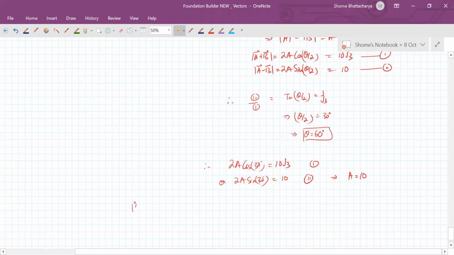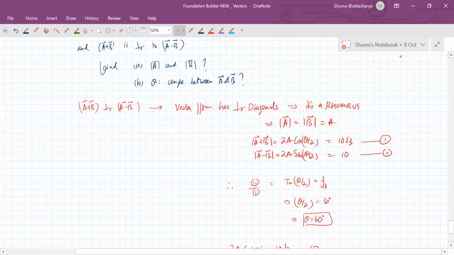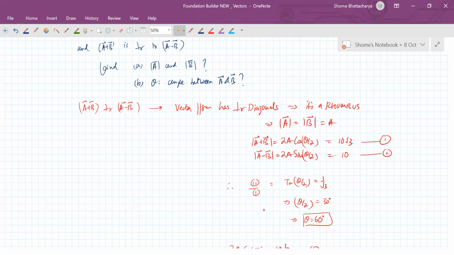So magnitude of a is equal to magnitude of b is equal to 10, and theta is equal to 60 degrees. This is the final answer. So this is what you are supposed to analyze in the question. I'm just giving you the theorem above, and from the theorem you have to just directly apply the concept.